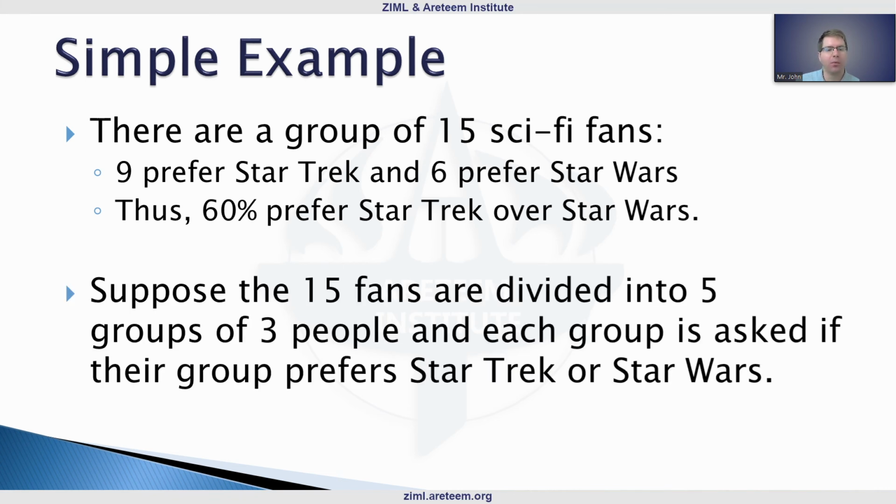Now, suppose there are 15 fans, and we're dividing them into 5 groups of 3 people, and then each group comes up with their own answer. So the 3 in the group vote. There are no ties, it's 3 people, and they say, our group prefers Star Trek, or our group prefers Star Wars.